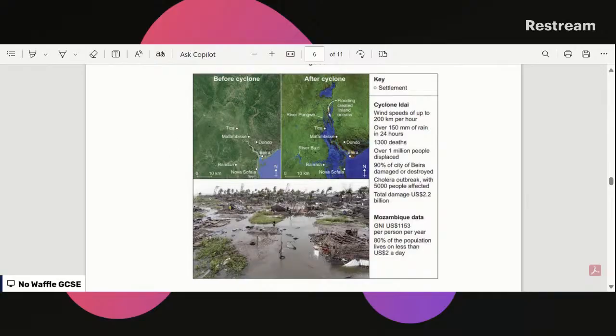We can see the destruction of homes, probably the loss of life, transport and communication lines not working, damages to infrastructure, trees being uprooted, storm surges happening which cause flood barriers to break. Those are examples of primary effects.